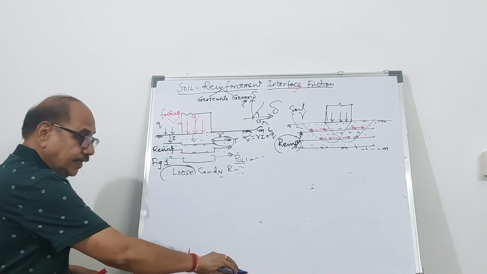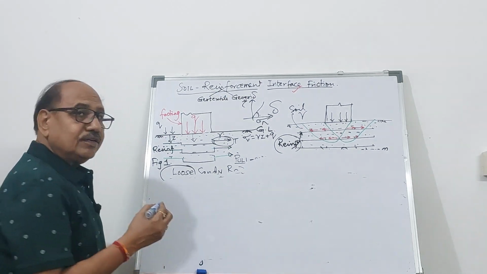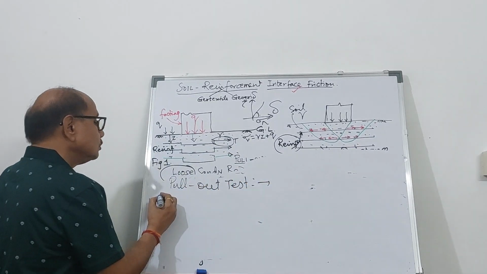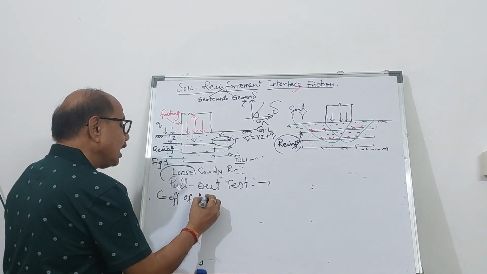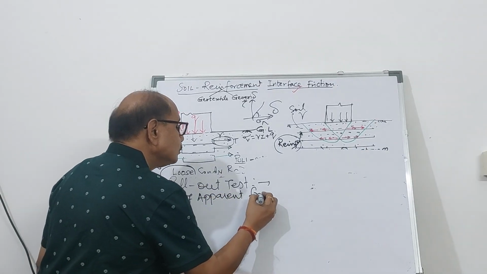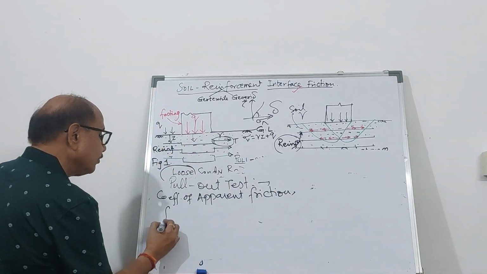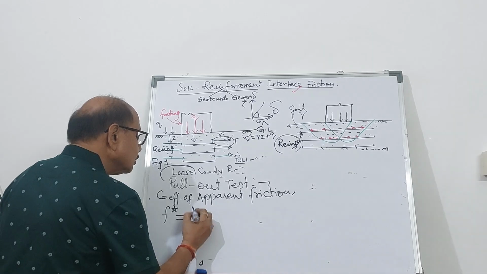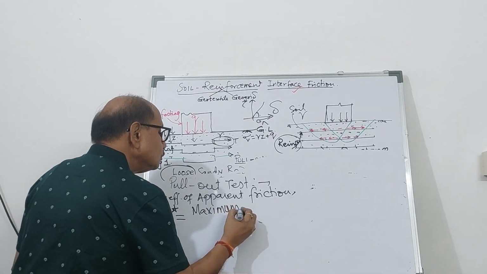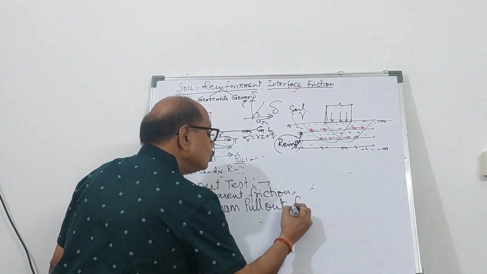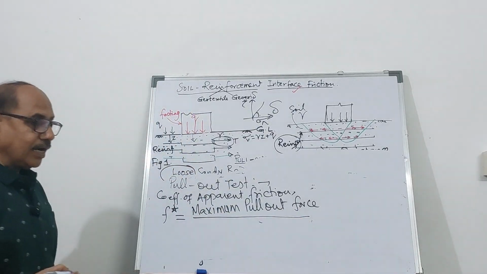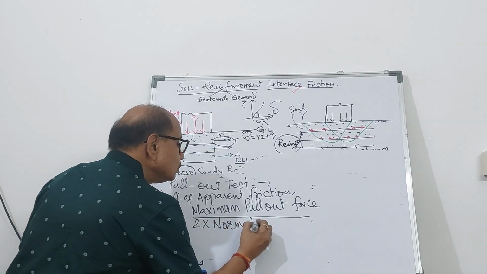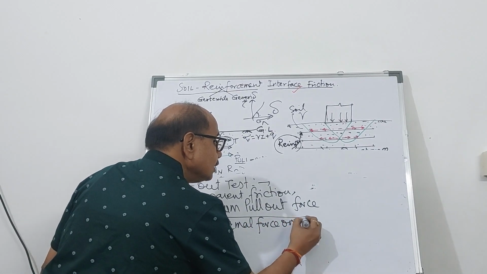So, the coefficient of apparent friction in pull-out test, not the mean friction, apparent friction, Fs star, will be quantified as the maximum pull-out force divided by 2 times the normal force on the reinforcement.